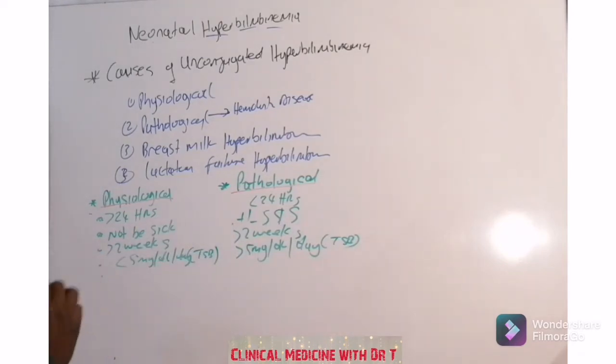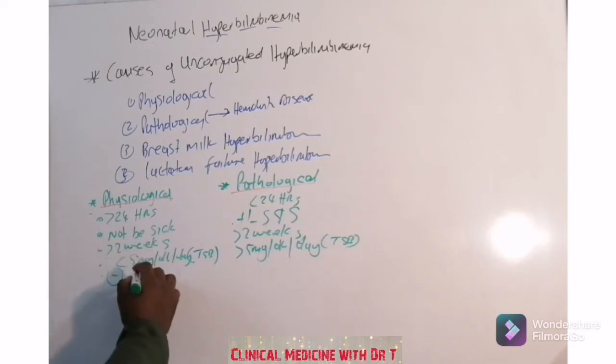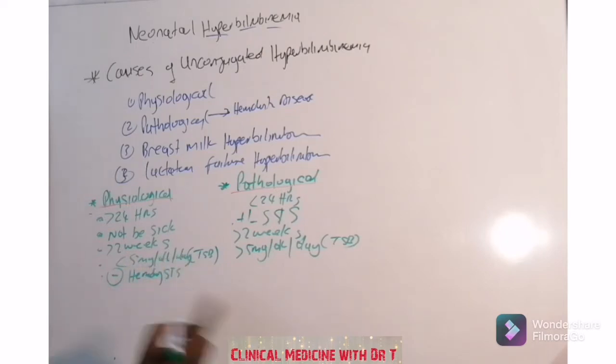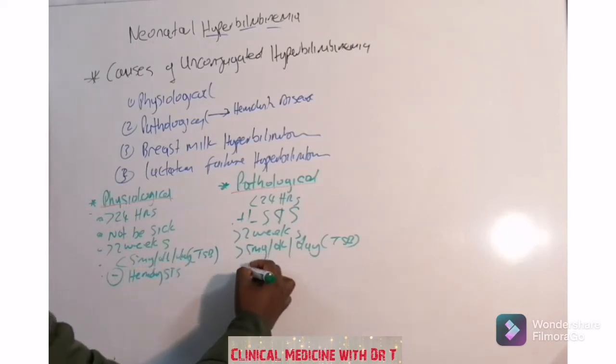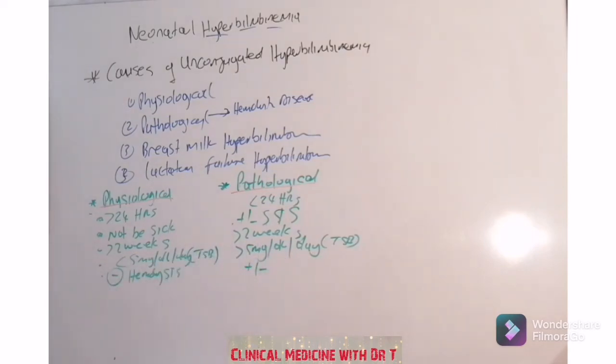And there shouldn't be any signs and symptoms of hemolysis. With pathological, you might have or you might not have. If the cause is hemolysis, you will have. But if the cause of the unconjugated hyperbilirubinemia is not hemolysis, then you will not have.